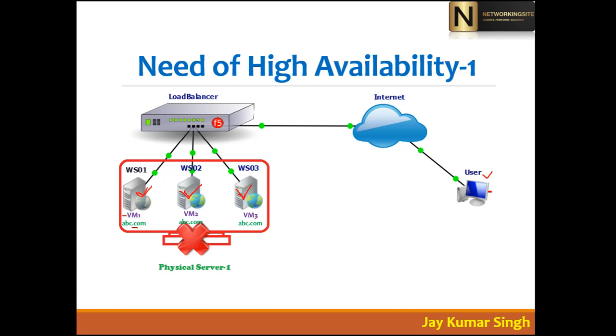Those virtual machines were inside one physical server, and that physical server is down. So you won't be able to access server 1, server 2, server 3. Means everything is down for you.